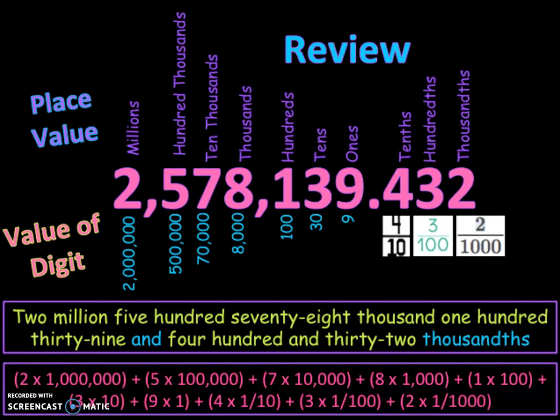And expanded form, 2 times 1,000,000 plus 5 times 100,000 plus 7 times 10,000 plus 8 times 1,000 plus 1 times 100 plus 3 times 10 plus 9 times 1 plus 4 times 1/10 plus 3 times 1/100 plus 2 times 1/1000. Thank you.